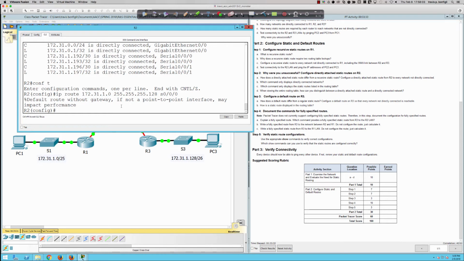It's telling you what may happen on a multi-access segment by using the outgoing interface, and I'm going to draw a very simple one of these out to explain this. If it's not a point-to-point interface... The interfaces between router 1 and router 2 and router 3 and router 2, those are point-to-point.